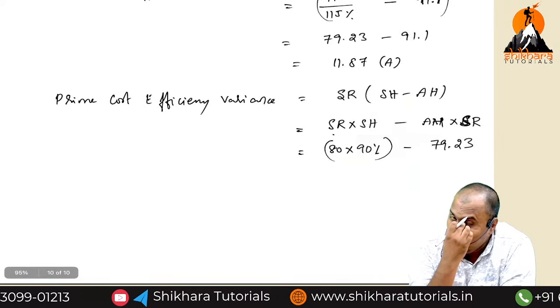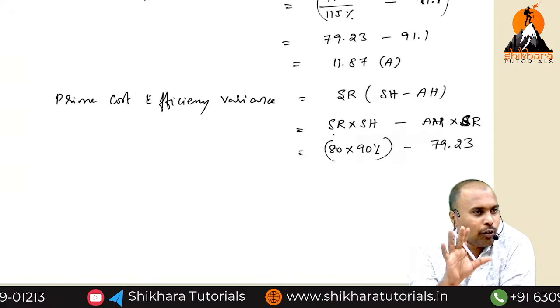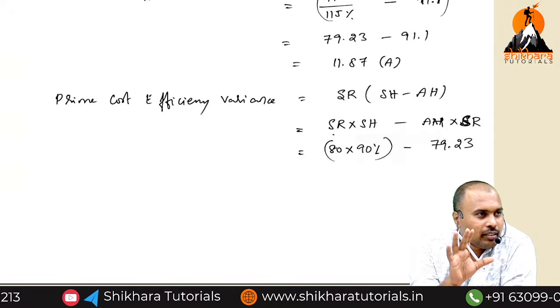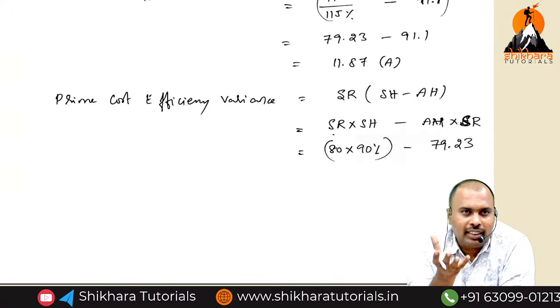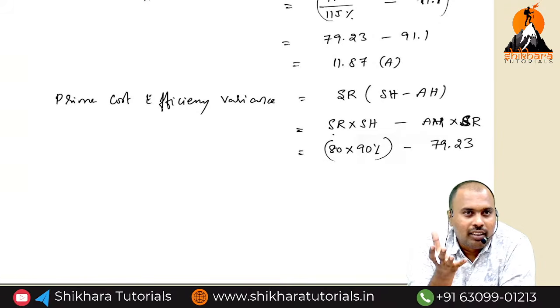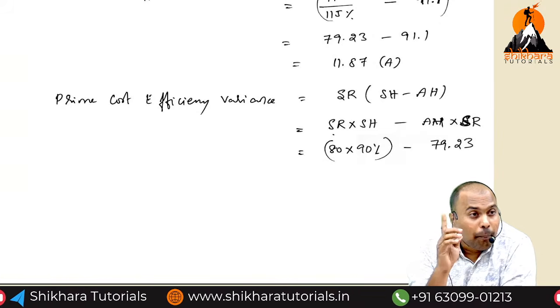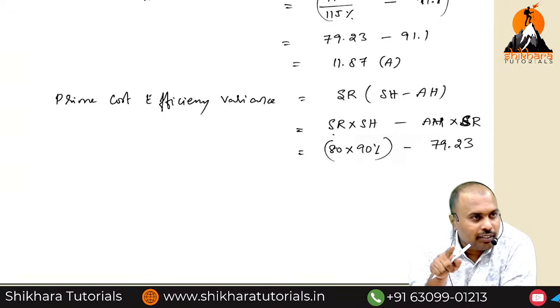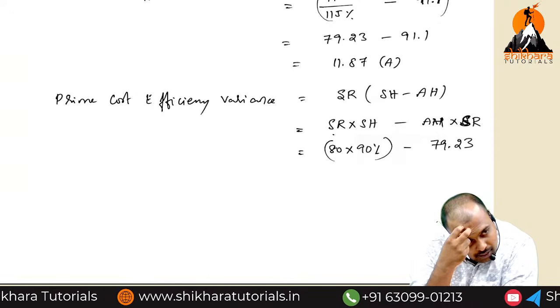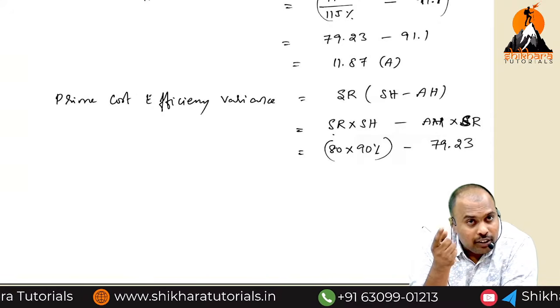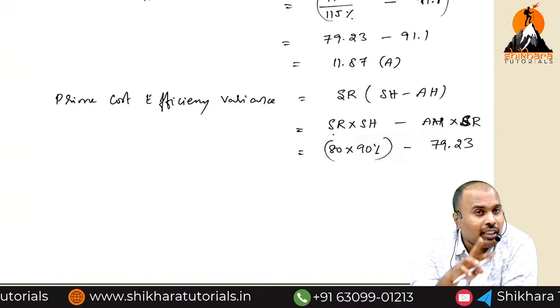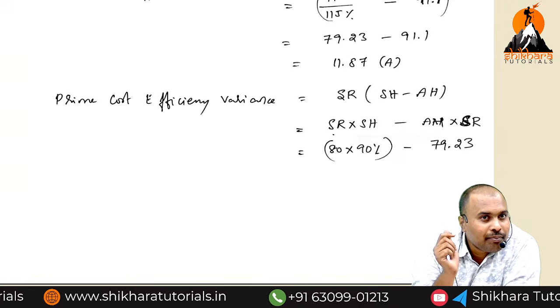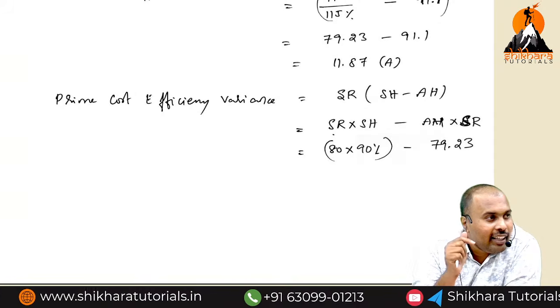Then SR into SH is nothing but standard cost, right? The standard rate into standard hours, that's nothing but standard cost, which is always budgeted cost for actual production. What is budgeted cost for budgeted production? 80.